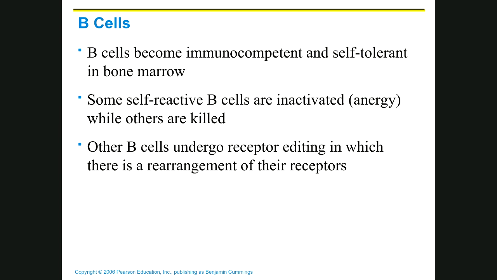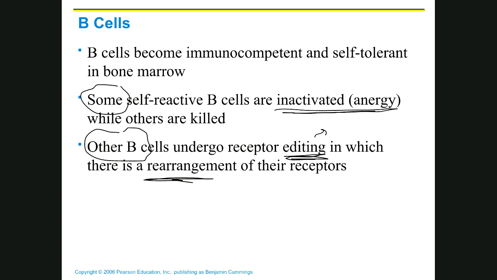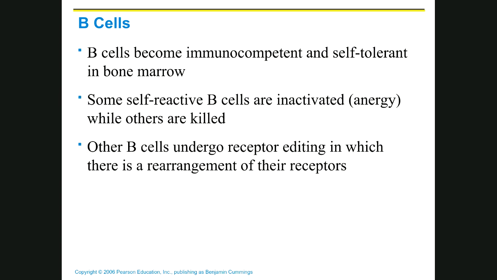Now a few are sort of inactivated. And a few are re-educated. Their receptors, their DNA gets edited. So you get a rearrangement of their receptors. But 99.9% of the time, what happens is they're killed.